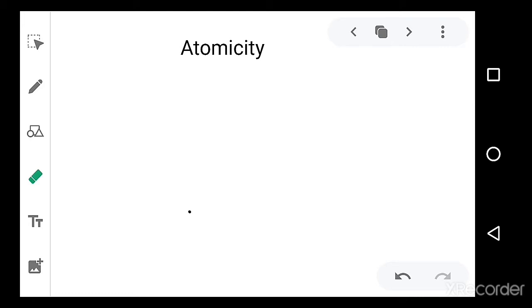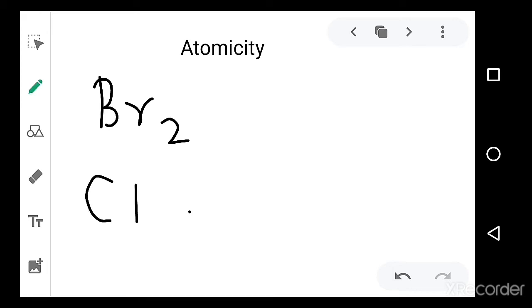It means we have to write that number at the downside of the letter. For example, bromine. For bromine we write Br. So the formula for bromine with its atomicity will become Br2. So 2 is the atomicity for bromine.